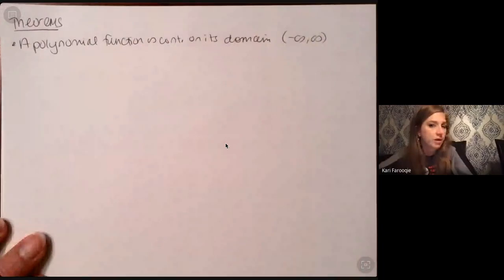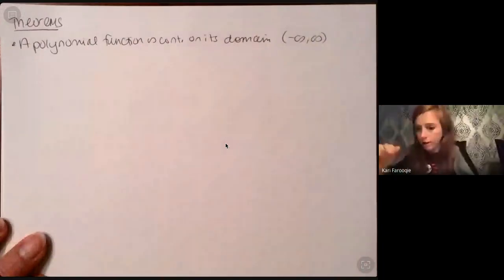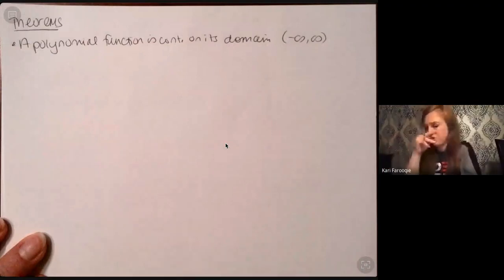Polynomials are smooth graphs. We don't have to worry about any sort of discontinuities in them anywhere. There's nowhere where you're going to divide by 0 because you don't have any variables in the denominator. So that's not going to be a problem.